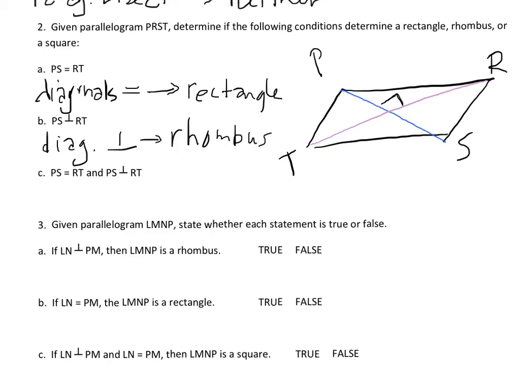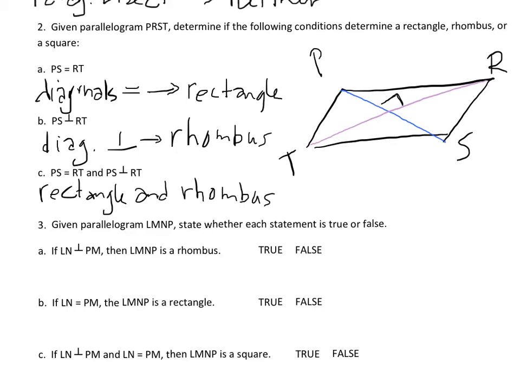And this third part says that both those things are true. So we know PS is equal to RT, and we know that they're perpendicular. So therefore, from our previous two, we know it's a rectangle as well as a rhombus, which I kind of gave away.